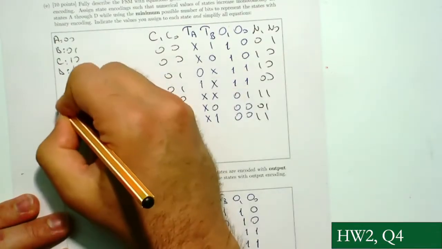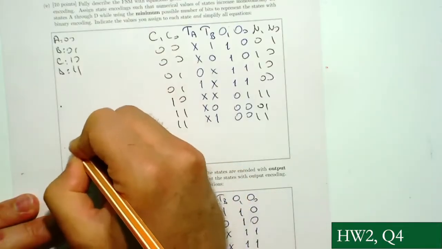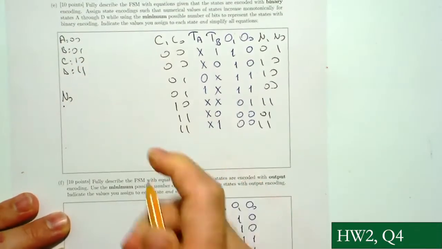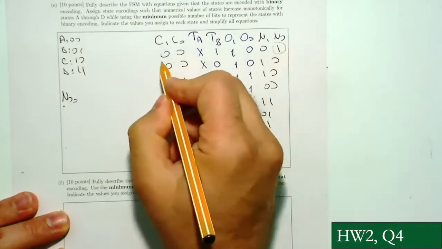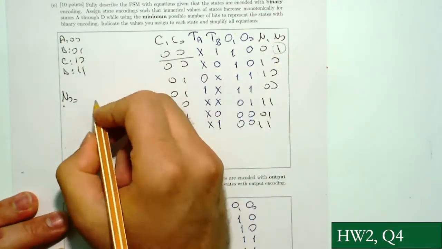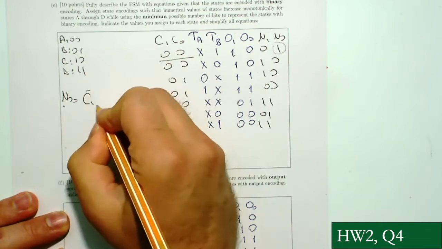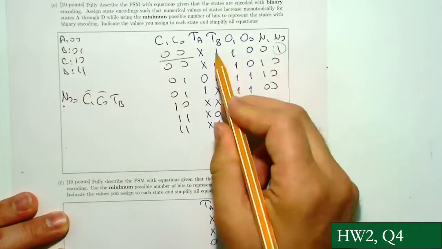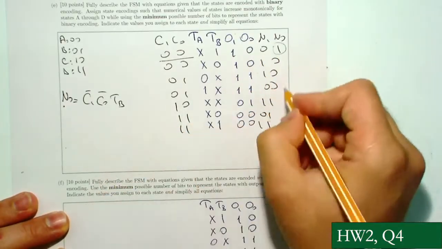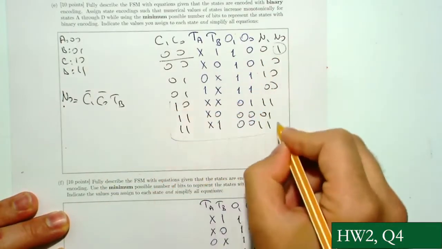So yeah, let's write the next state logic for N0. I'm going to write it here. For N0, I have 1 here. So this means that C1 not, C0 not, and TB is 1. Okay. Or I have 1s here.